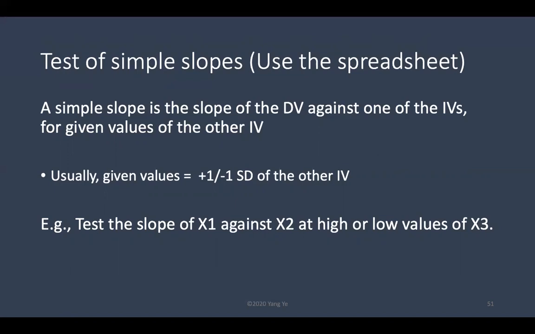We can have two slopes, two b's, one at high values of x3, the other at low values of x3. And then we can test the significance of each of those two b's.